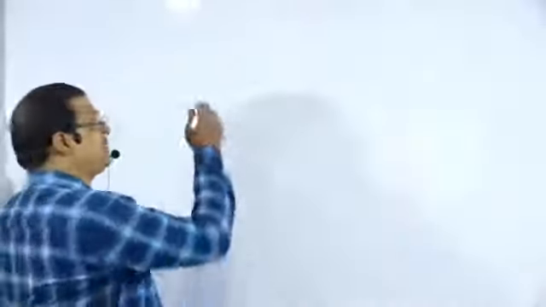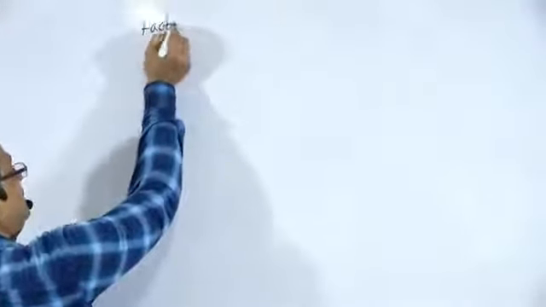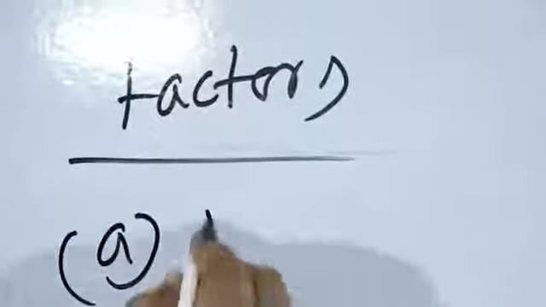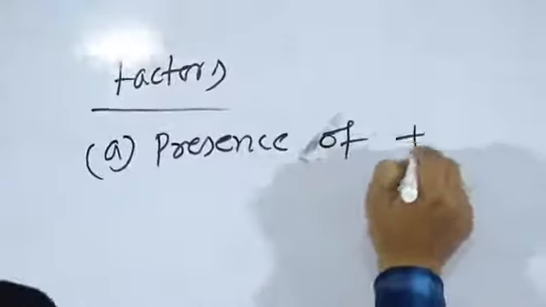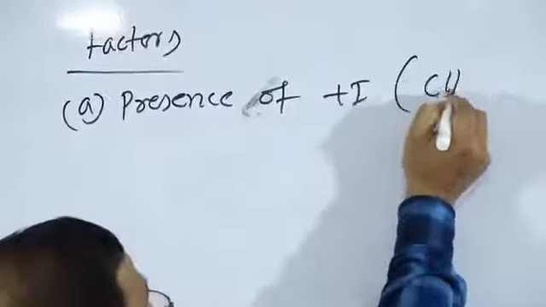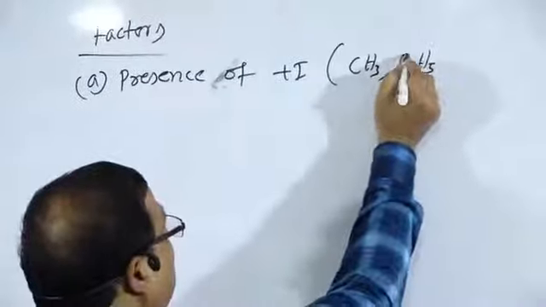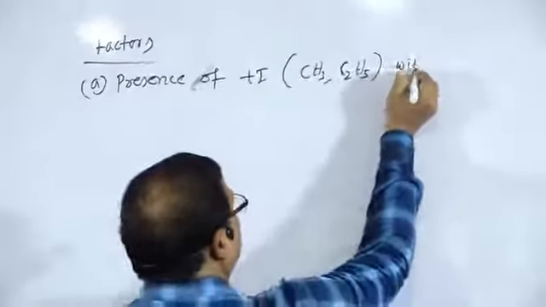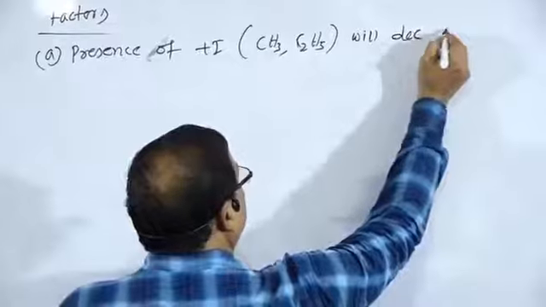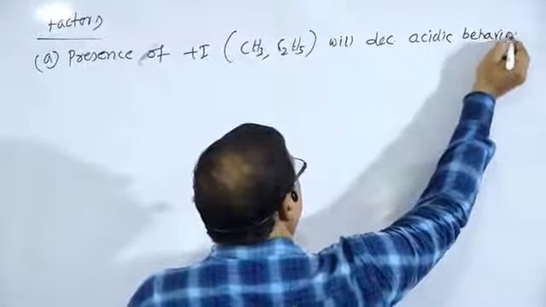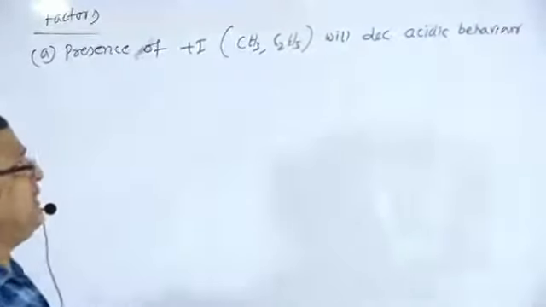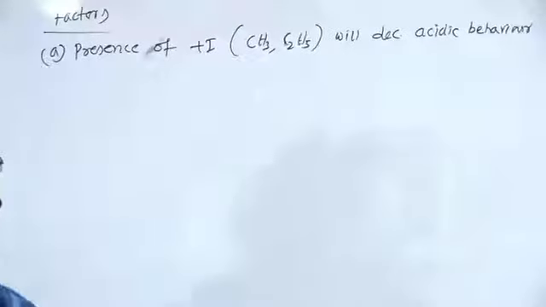Factors affecting the acidic behavior of the substance: the presence of plus I groups like CH3, C2H5, that is, the alkyl groups such as methyl and ethyl, will decrease acidic behavior.